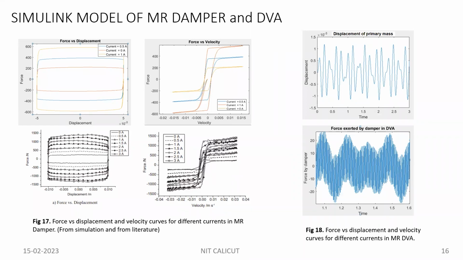Obviously these oils are different, but if you see our simulation and their actual experimental work, the behavior closely matches. So this is displacement versus time that is drawn, the displacement of the primary mass, and this is the force exerted by the DVA.